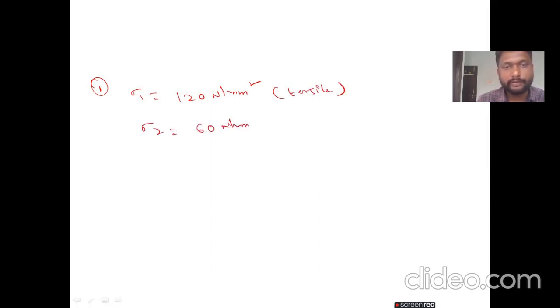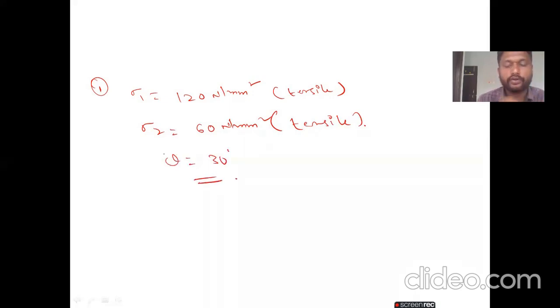We will take the same data from the previous problem: sigma 1 equal to 120 Newton per mm square, tensile, and sigma 2 equal to 60 Newton per mm square, also tensile, and theta equal to 30 degrees.